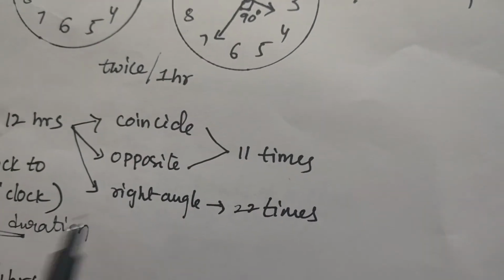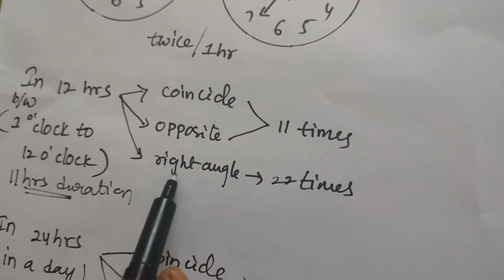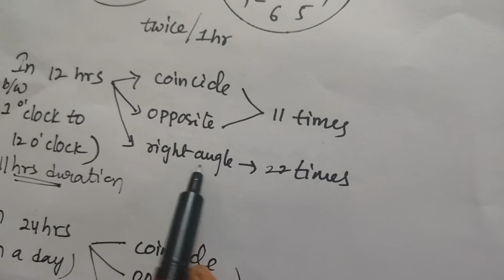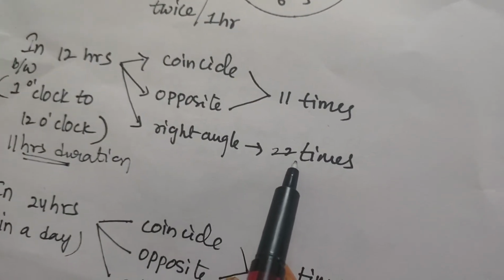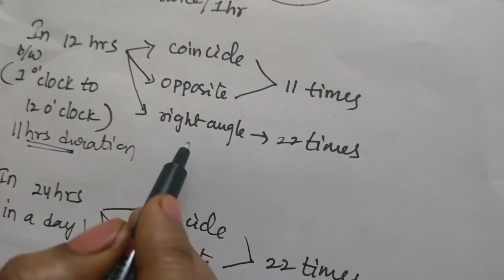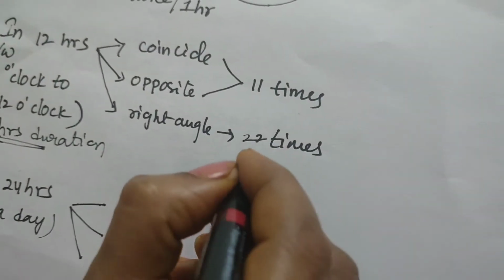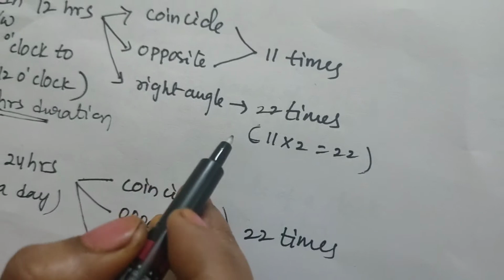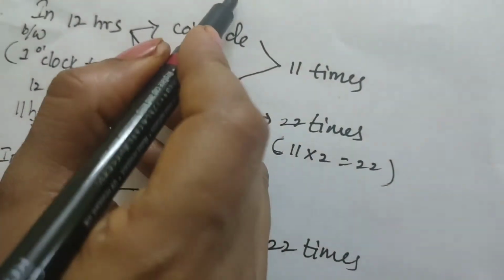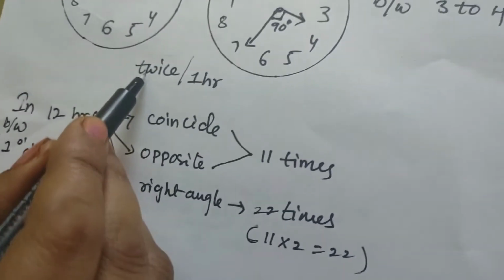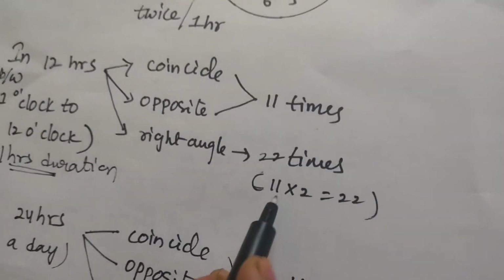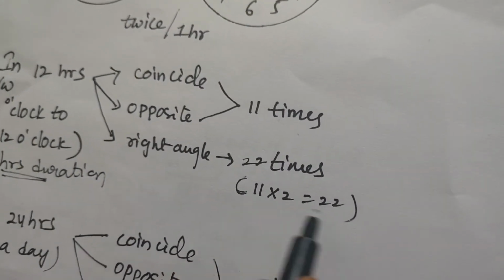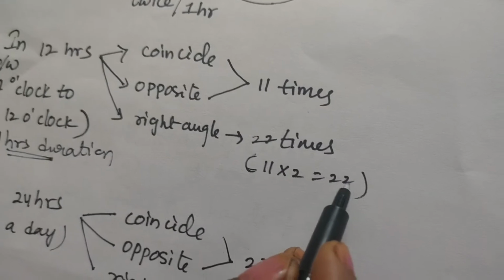So in 11 hours how many times will they be at right angle? 22 times, because 11 into 2 is 22. So in 1 hour they make 90 degrees 2 times, and in 11 hours they make 90 degrees 22 times.